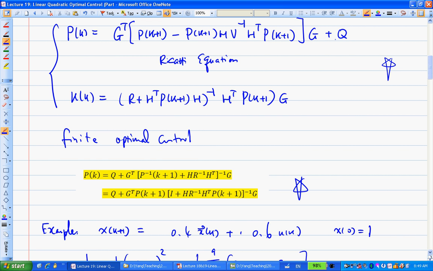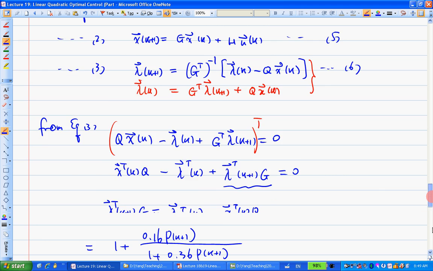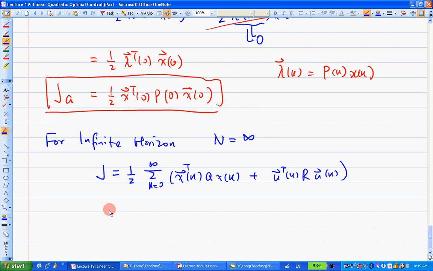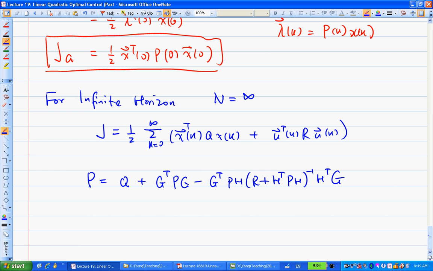Let me just rewrite here. One of the forms you can take is P equal to G transpose P G minus G transpose P H, R plus H transpose P H inverse, H transpose P G. So that's the Riccati equation.